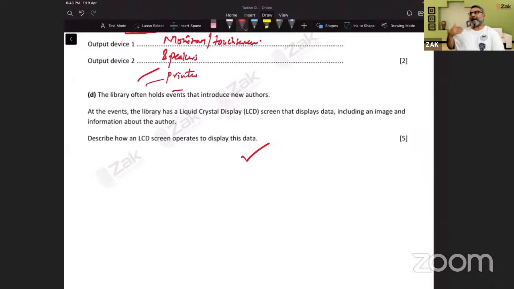The screen is backlit using lamps, mostly 2 lamps. These liquid crystals might become opaque to not let light through, or transparent to let the light through them. That is how the LCD screen works.